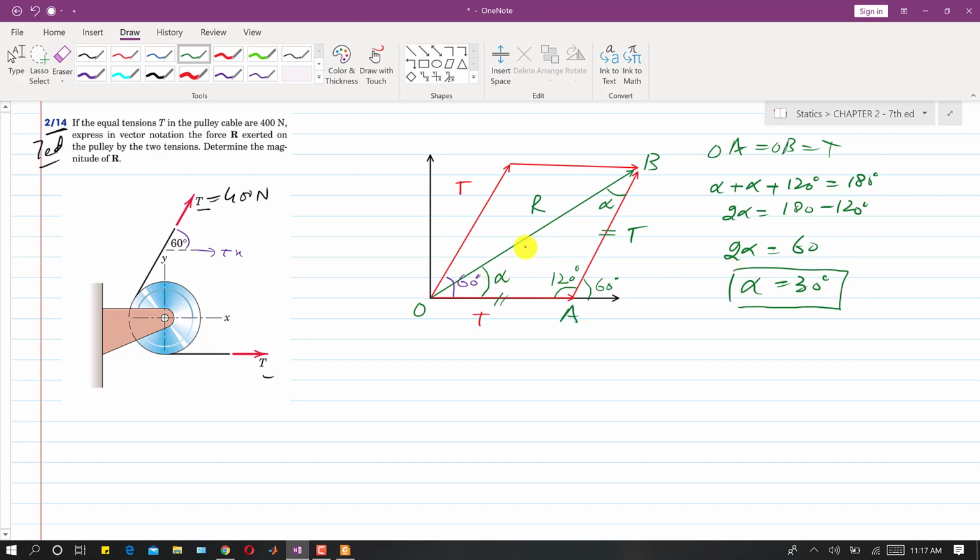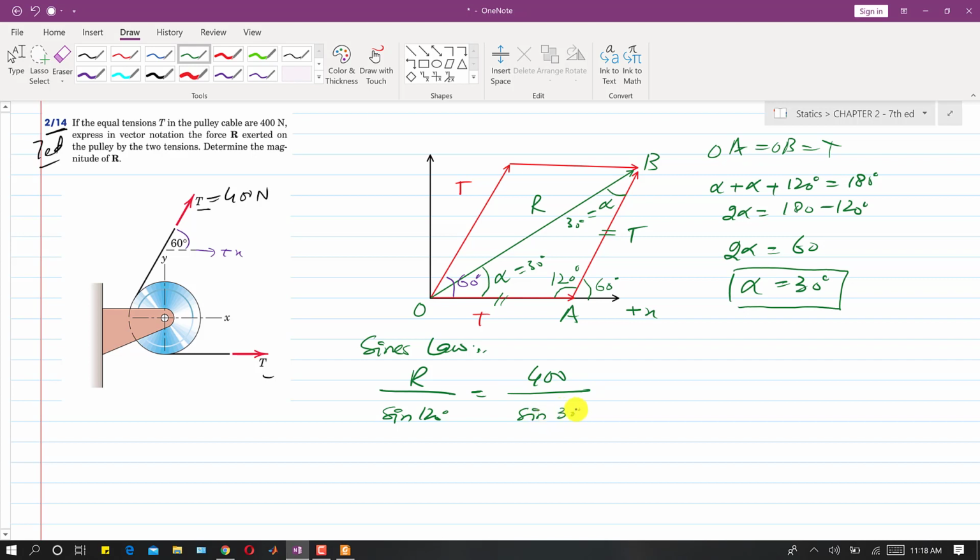So the angle of the resultant with the horizontal positive x-axis is 30 degrees. So this is 30 degrees, right? And this is also 30 degrees, right? Now we can find the magnitude of R using Sine law, right? So if I apply Sine law, then R divided by sine of 120 degrees equals T. So T is 400 divided by sine of alpha.